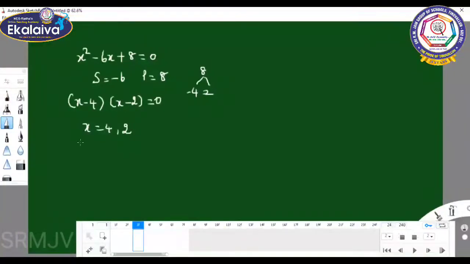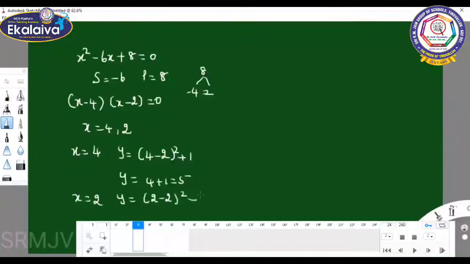If x equal to 4, what about the y value? y equal to (4 minus 2) whole square plus 1, which is 4 plus 1, 5. If x equal to 2, y equal to (2 minus 2) whole square plus 1, y equal to 1.